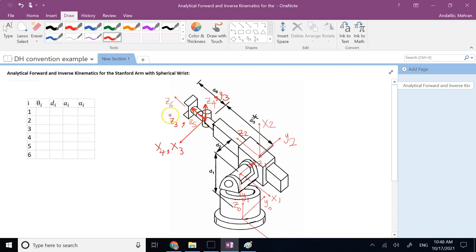Okay, let me show Y4 and then I go to X5. So Y4, definitely with that Z and that X, has to be the same direction as Z2 or Z6, right? And here definitely the same line, the direction has to be backwards. So it is going to be like this. That direction is going to be Y4.